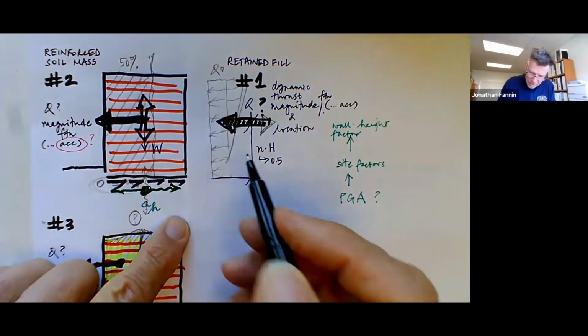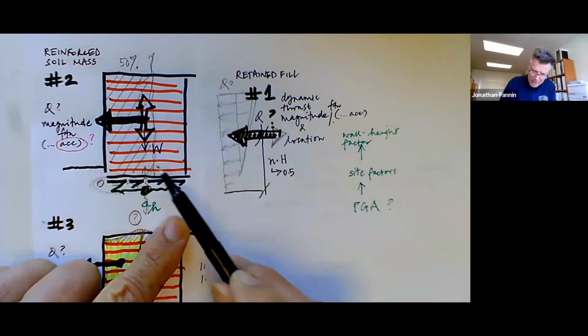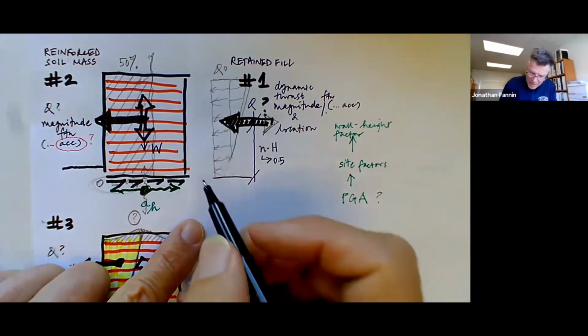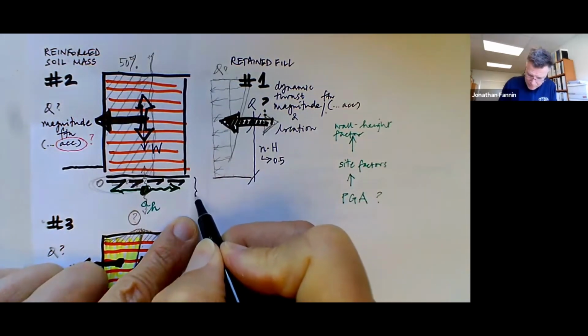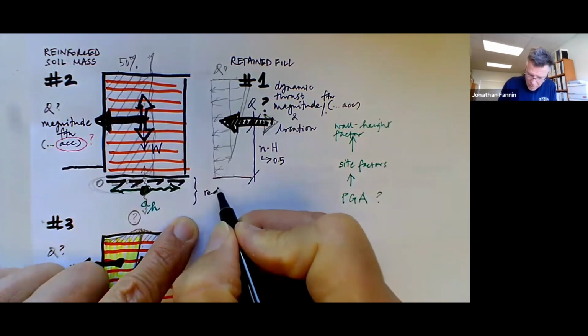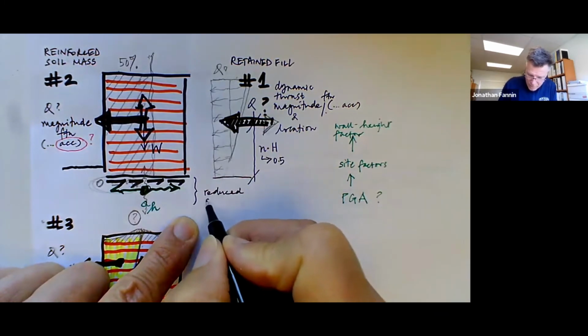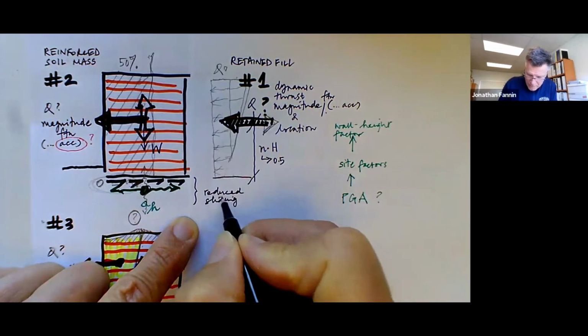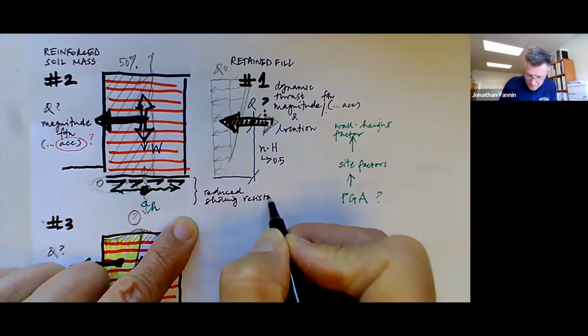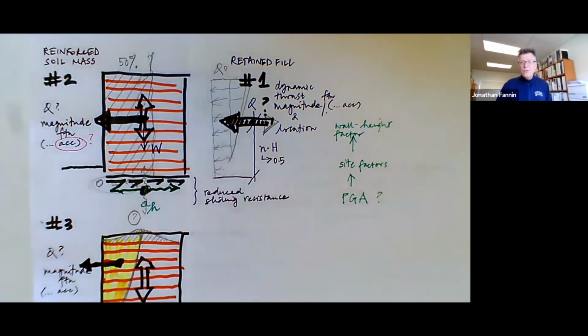I guess everything here is on the demand side. But on the capacity side, let's put reduced sliding resistance. Now, strictly, it's not because the interface friction goes down, it's because the normal stress is changing. But we might capture that through a diminished interface friction.